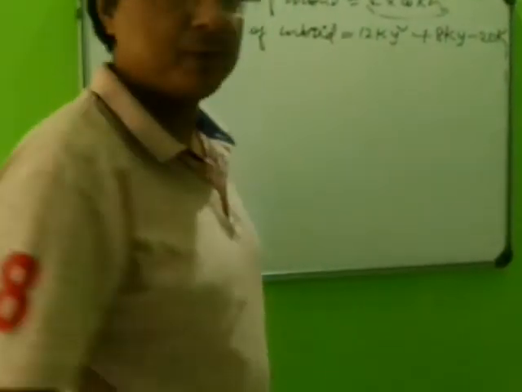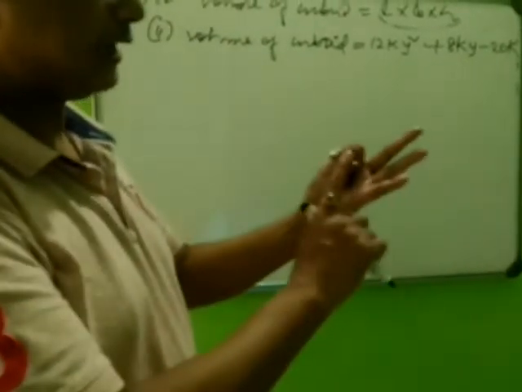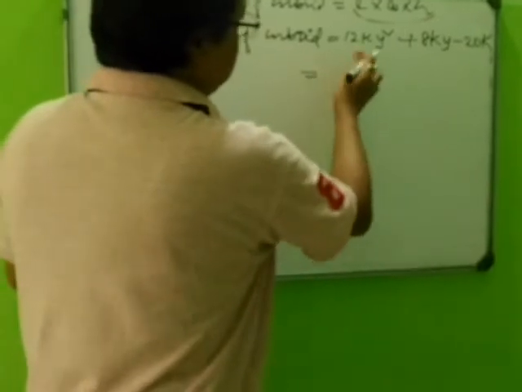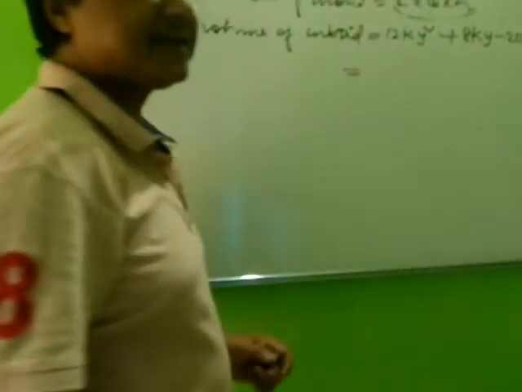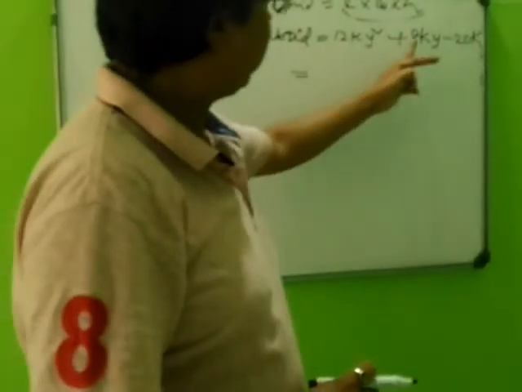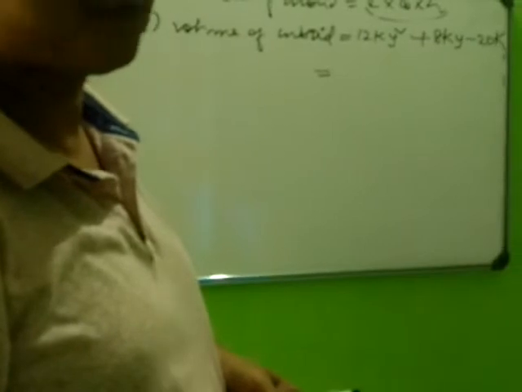So the same question: you are to find the possible dimensions of the cuboid, which means they have given the volume, and you are to find length, breadth and height. Between these three terms, 12, 8 and 20 are divisible by the highest factor, that is 4.